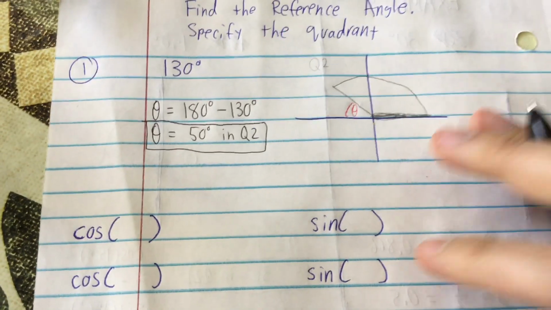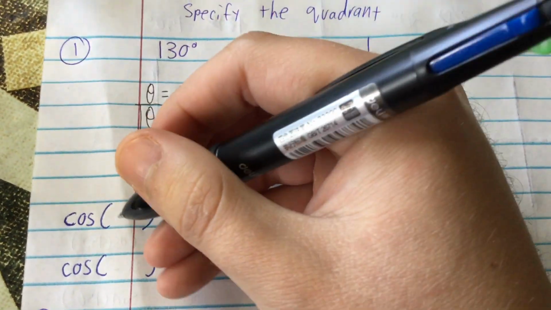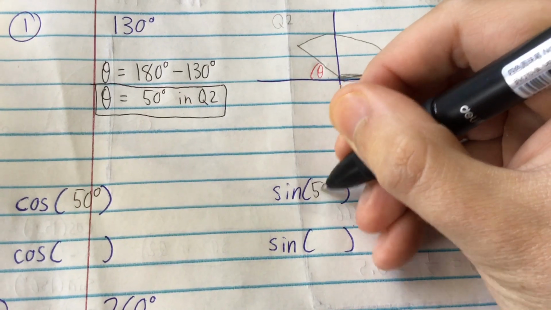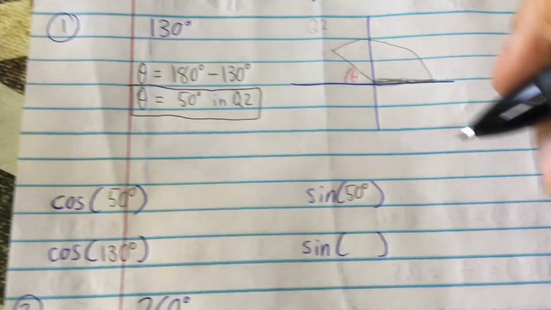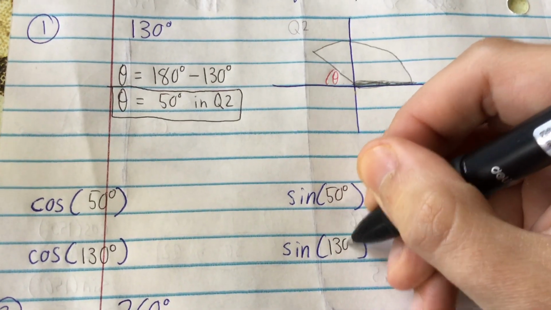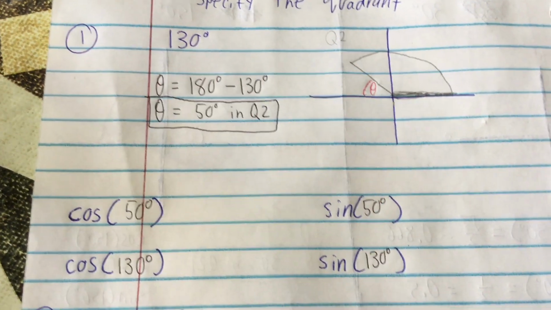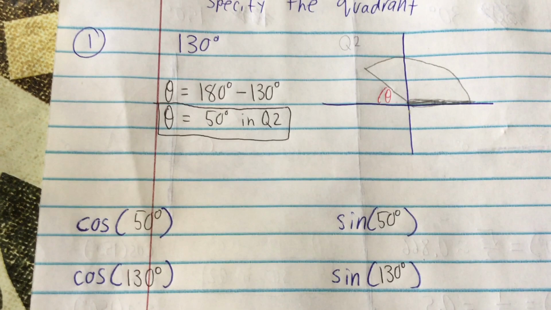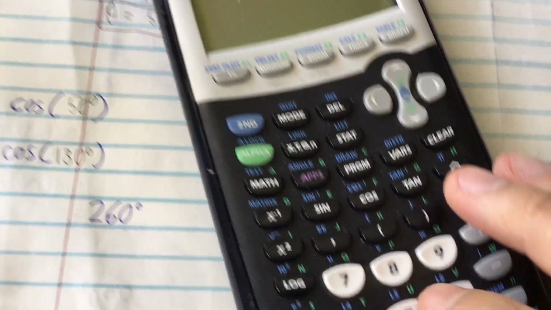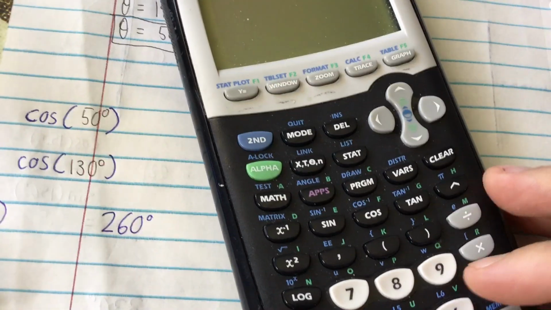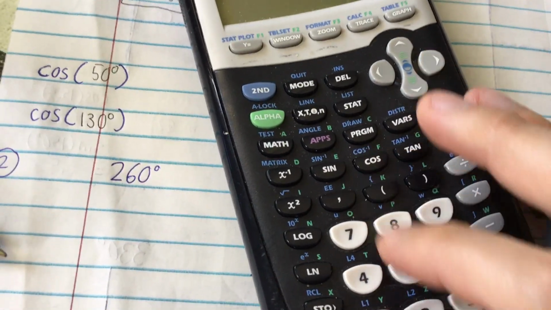So what we can do is check the 50-degree angle sine and cosine, and compare that to the 130-degree angle cosine and sine. So let's do that. I'm going to do the cosine of 50 degrees and the cosine of 130 degrees.